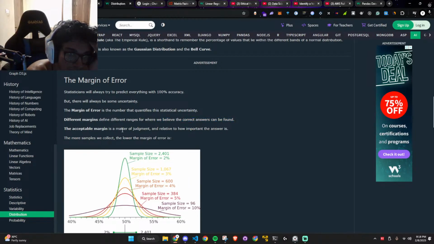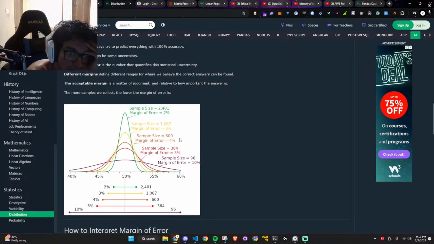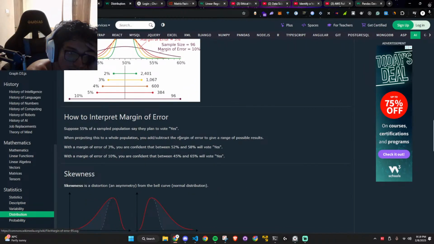The acceptable margin is a matter of judgment, depending on how important the answer is. The more samples we collect, the lower the margin is. Yeah, that's a fact.